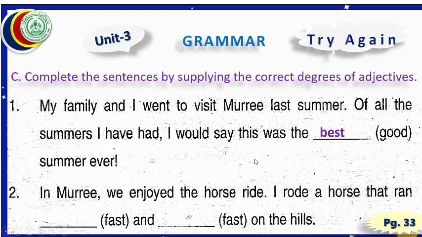Let us move to number 2. In Murray, we enjoyed the horse ride. I rode a horse that ran faster and faster. Yes, students. We are comparing the speed of the horse with its previous speed. That is why here will be faster and faster.